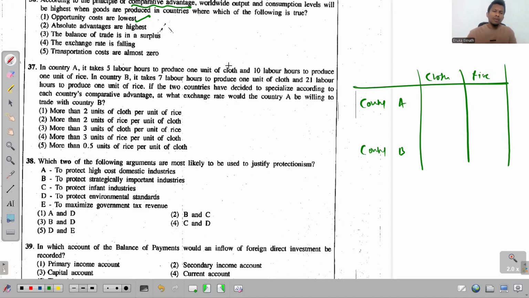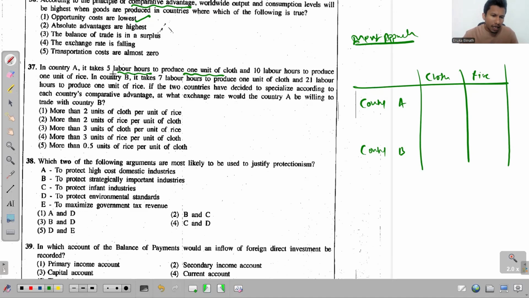Okay. Then be careful that here in this paragraph, you get the labor hours required to produce 1 unit of cloth and 1 unit of rice, which means the table that we are going to develop will present the required inputs. So this is under the input approach.